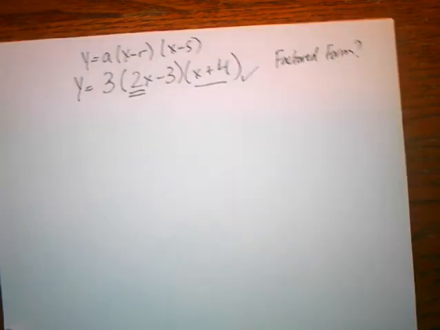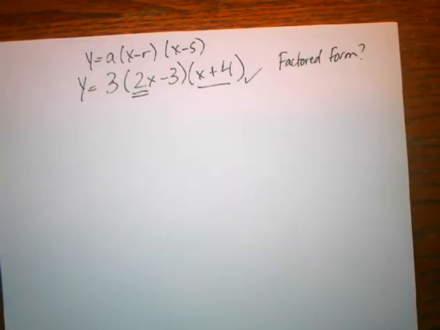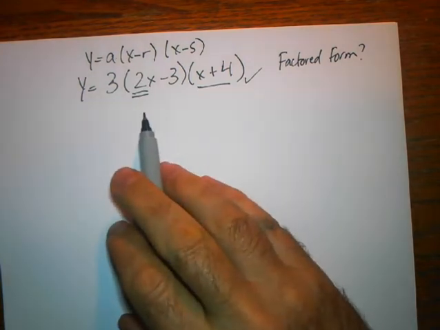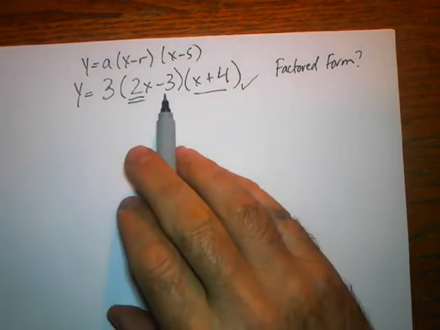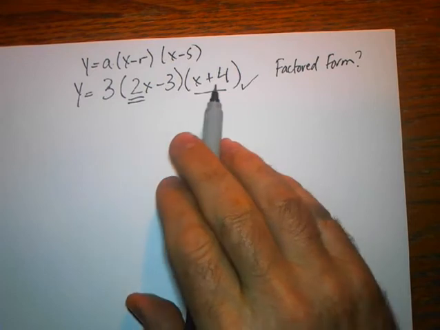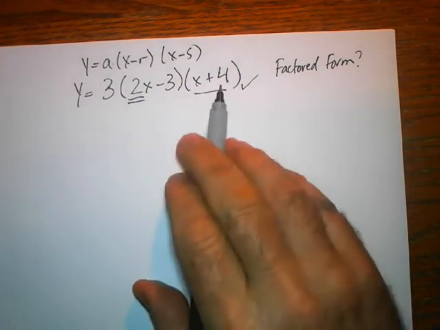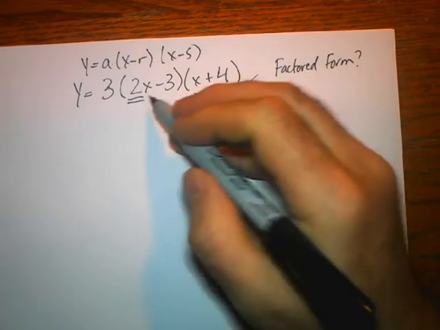This is where the little shortcut fails, because a lot of students in grade 10 will say, oh, the x-intercepts are -4 and +3. Well, -4 is correct, but +3 is wrong. So I want to show you why.